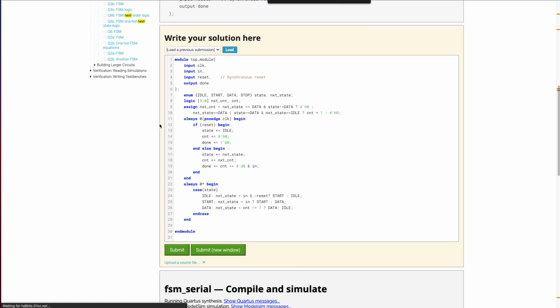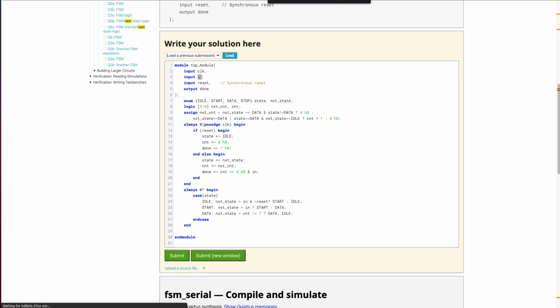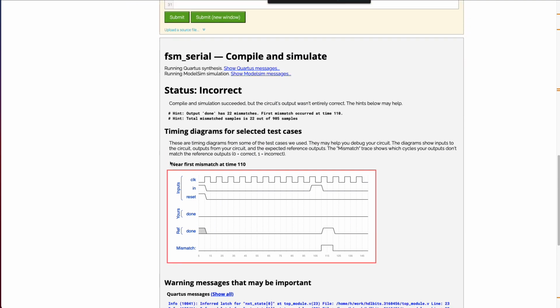That's weird because reset has in as 1, which is kind of weird.